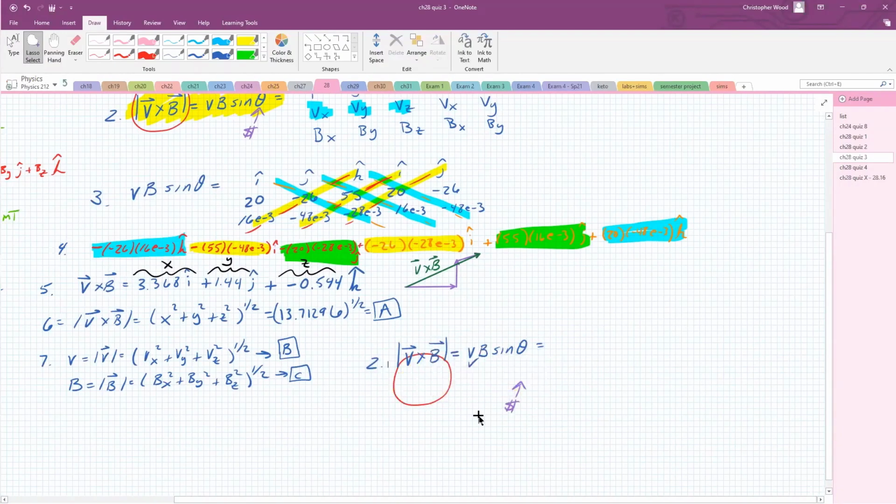Okay, so to update this. All right, this is sitting here in memory location A. This is sitting here in memory location B. This is sitting here in memory location C times sine theta. So here's what theta is equal to.